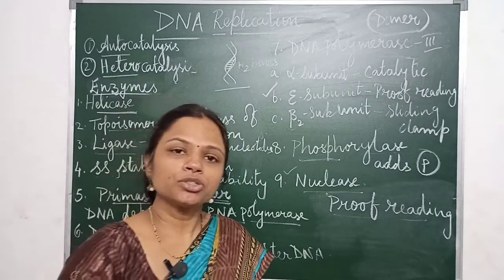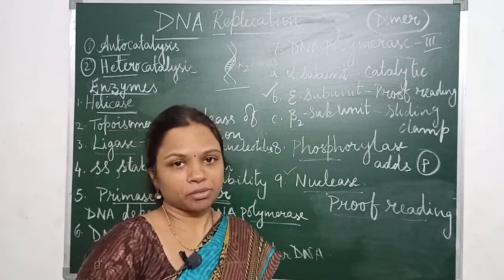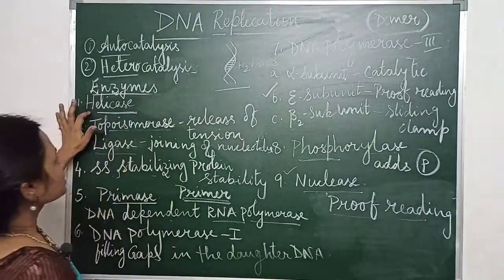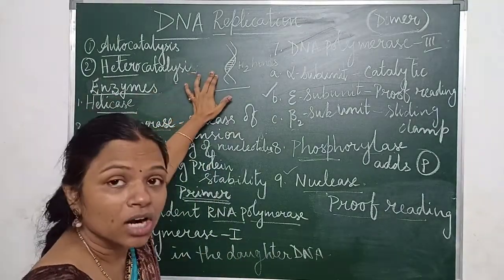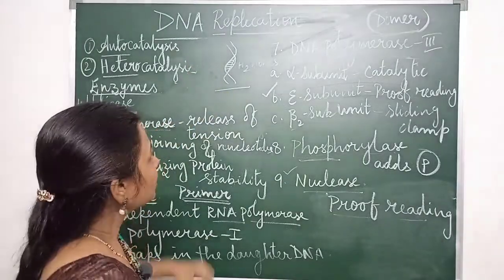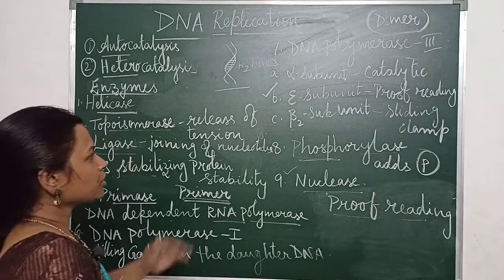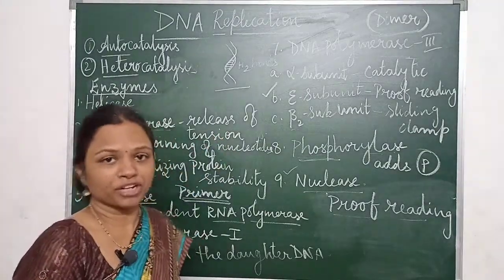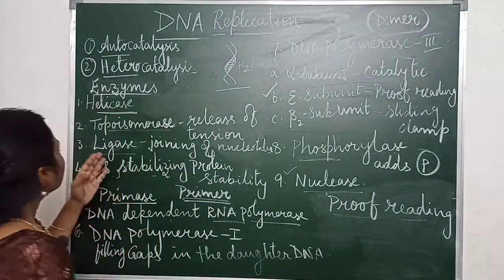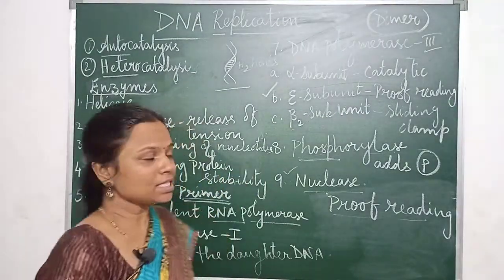Now coming to the summary of the enzymes required for DNA replication. Helicase helps in opening or unwinding of the parent DNA by breaking the hydrogen bonds. Topoisomerase helps in the release of tension. The ligase enzyme helps in joining of the nucleotides.